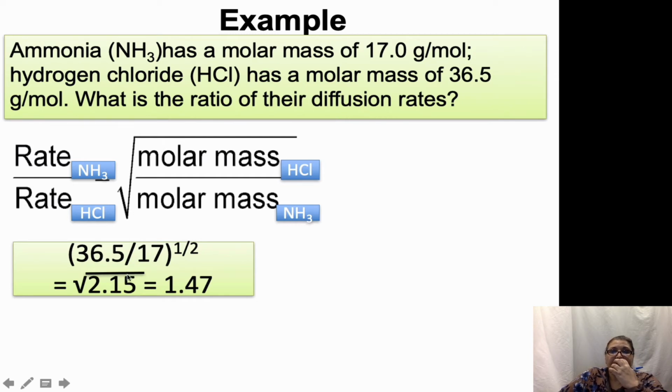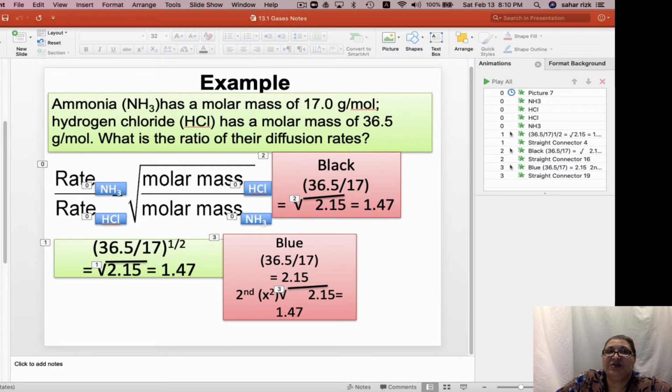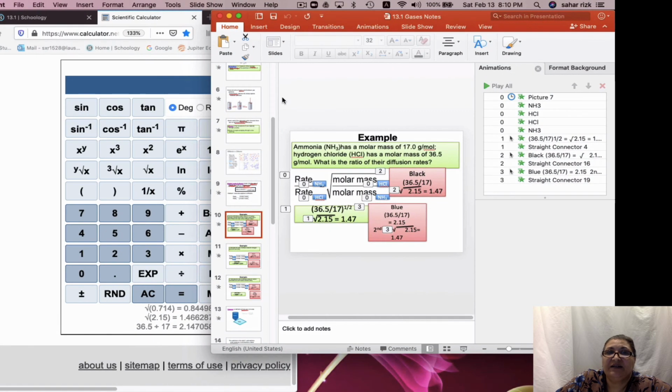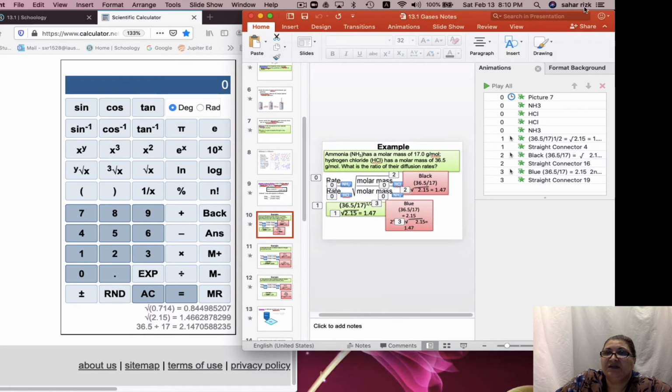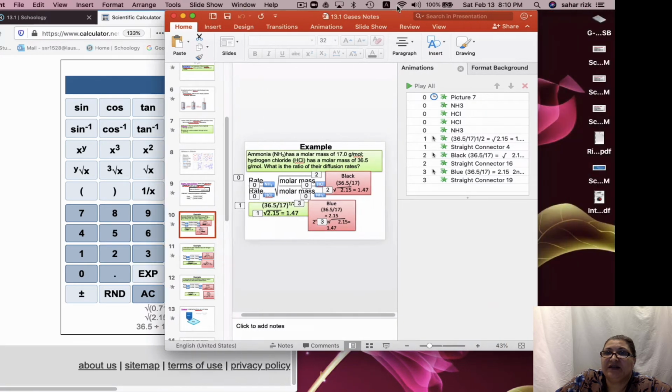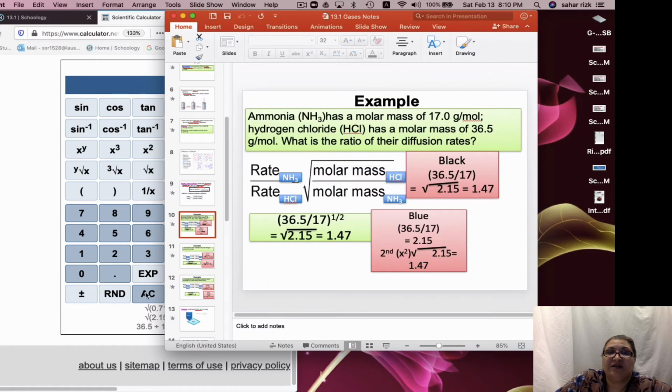Now, I just want to go over this with you. In my class, I usually have the black and blue calculators, but since we're not in class, I'm going to show you how to go online and calculate this.